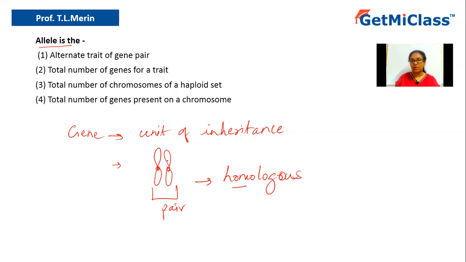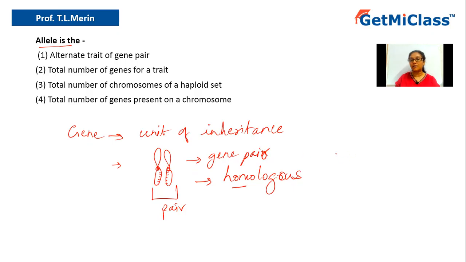So they look alike and also they contain the same genes. Whatever genes are present at a particular locus, the same genes are present on the homologous chromosome or its pair. So you can say each gene is present in a pair because we have homologous chromosomes.